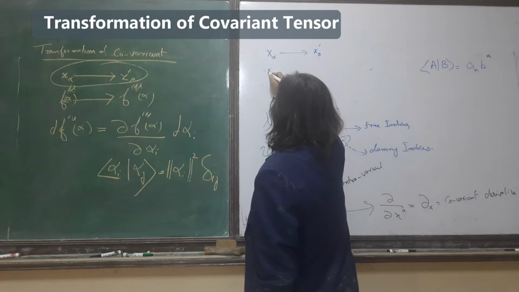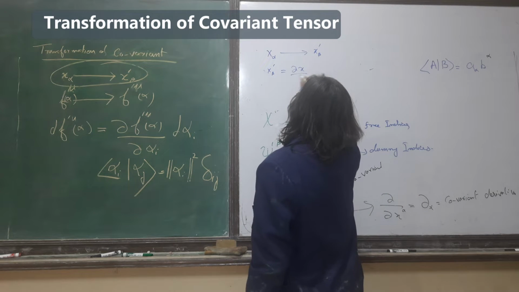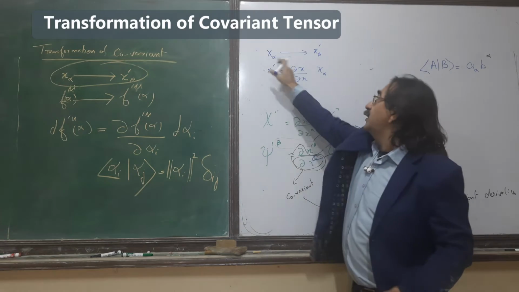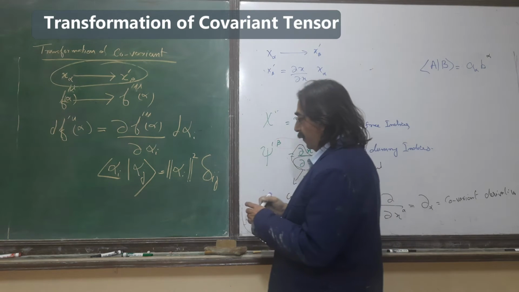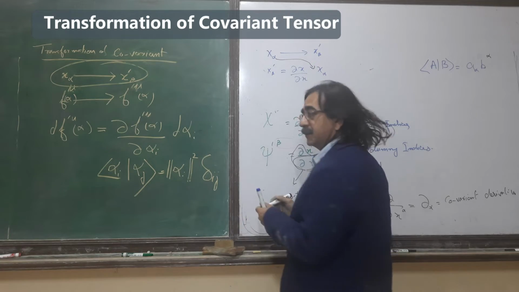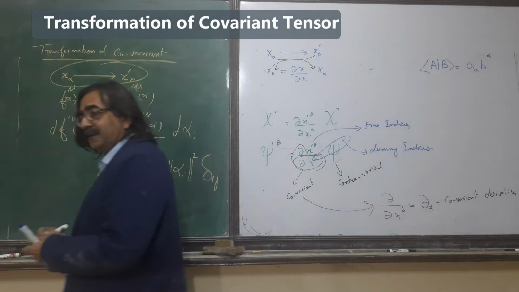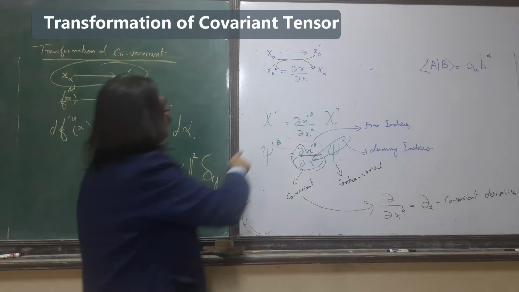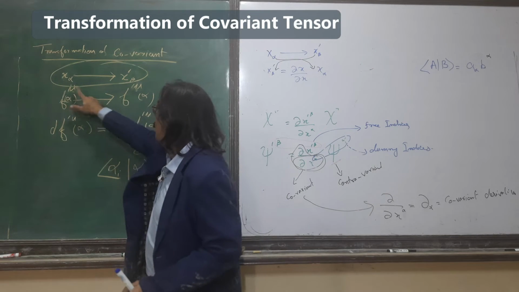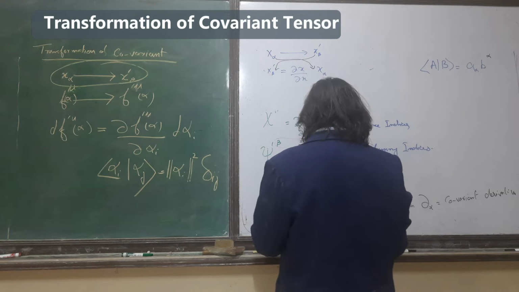So firstly, on the right side, x beta bar equals one transformation along x alpha. Now, if there is a mu, then here is a mu.